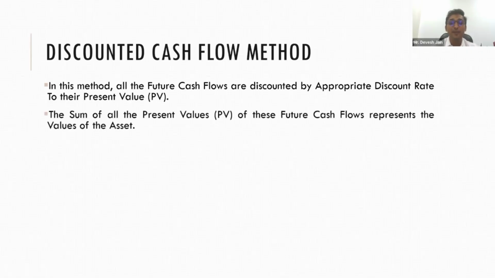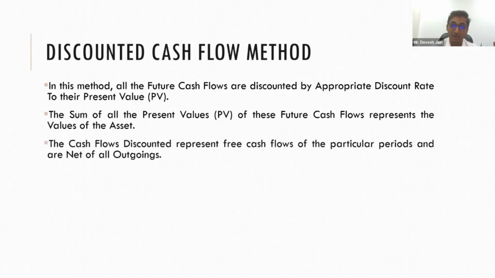The sum of all these present values of future cash flows for some specific years represents the value of the asset as on today. The cash flows discounted represent the free cash flows of particular periods, net of all outgoings. So these cash flows are the net profit generated by the property during the year.